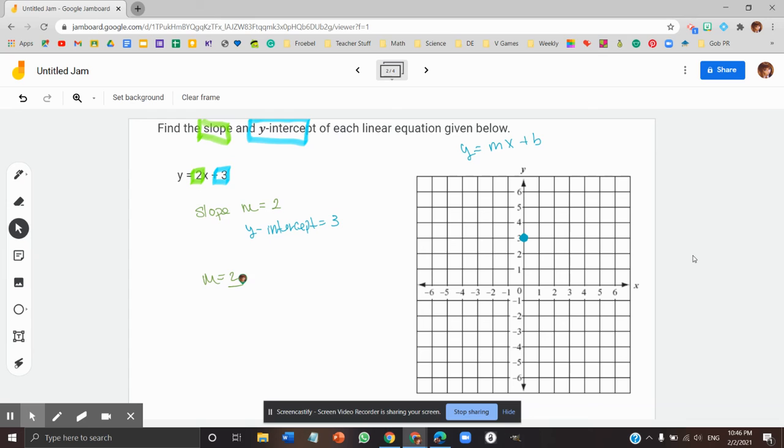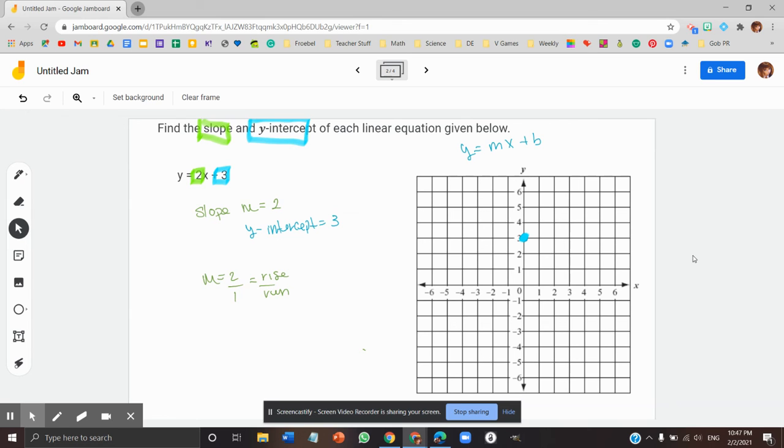I can find my rise and my run. So that means you're going to go 2 times up because it's positive. So I would know that I just have to go 2 times up, 1 and 2.